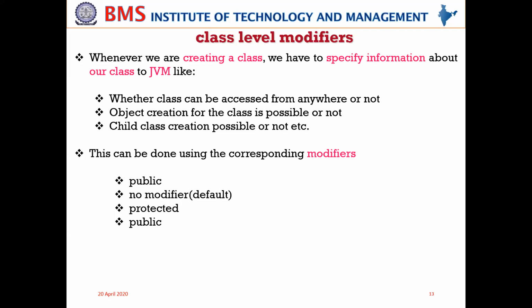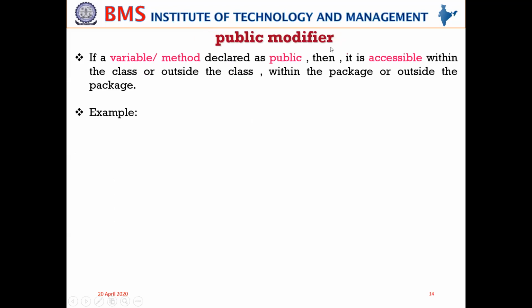Now we need to look at how each modifier works. So first let us take the public modifier, see what is the meaning of public, what information we specify to our JVM, and how, with a set of examples.